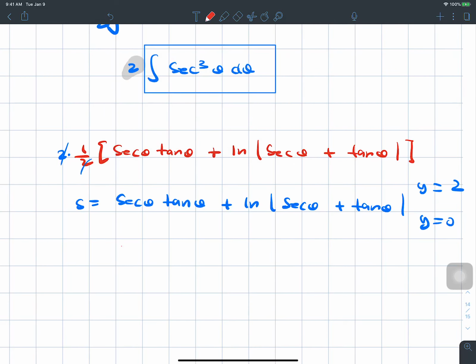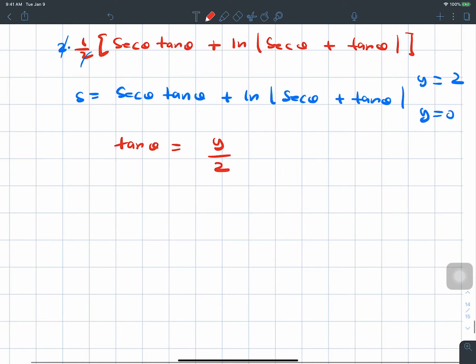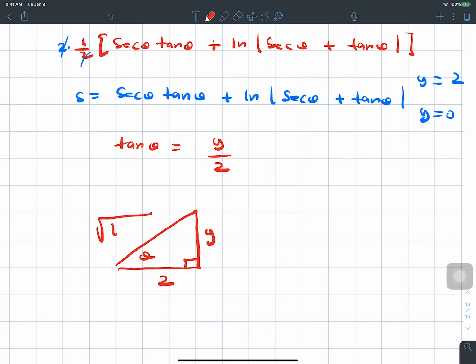So what that means is tangent theta is y over 2. Tangent is opposite over adjacent. Hypotenuse would be square root of 4 plus y squared.